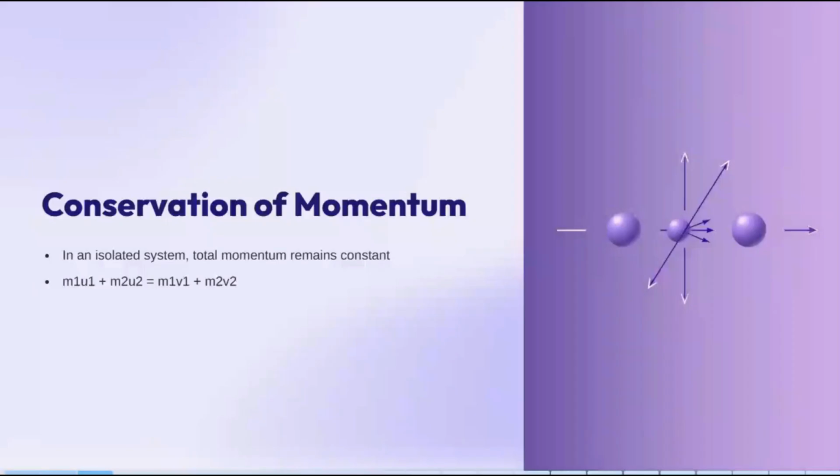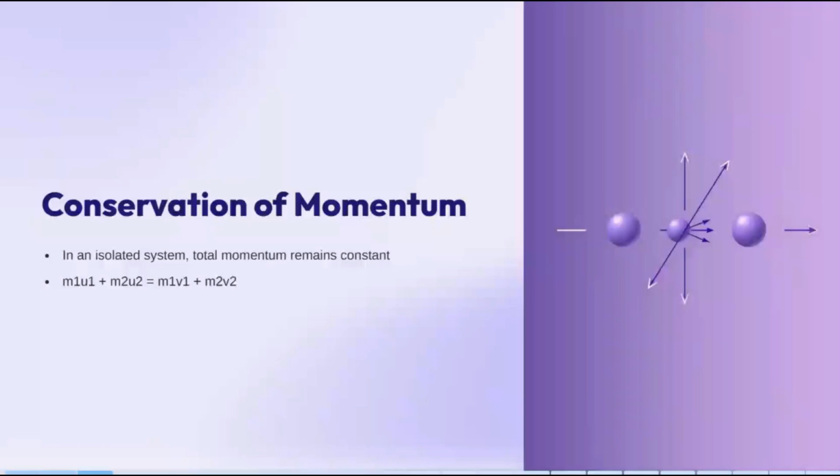So as I was saying, you could just write down that the law of conservation of momentum states that in an isolated system, the total momentum is always constant. And the formula is m1 u1 plus m2 u2 is equal to m1 v1 plus m2 v2.